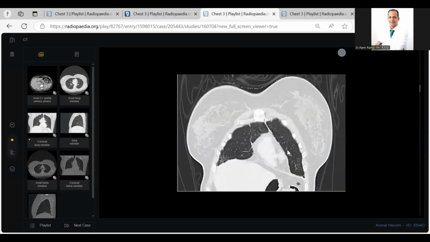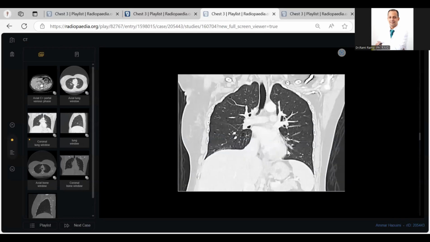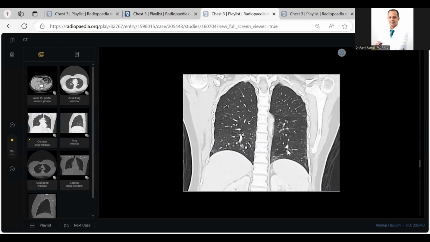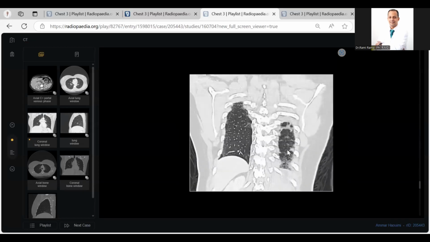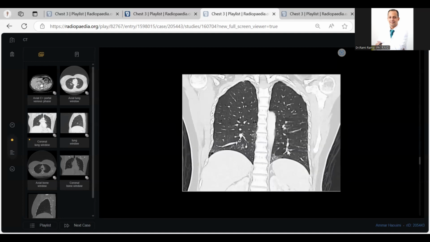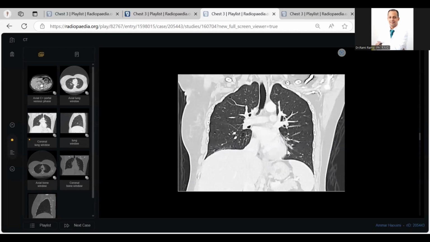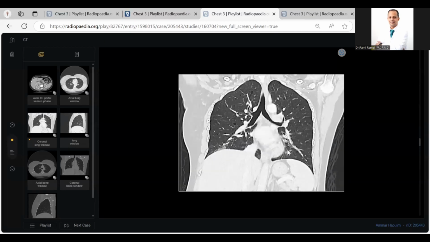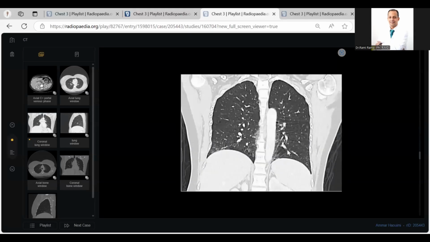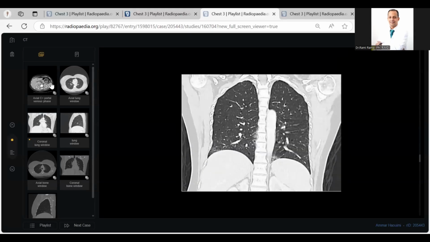There is no pneumomediastinum. Also there is no pleural effusion. My differential diagnosis would be number one lymphangiomatosis. Number two, you should do whatever you want, but most of the examiners concentrate on the first differential diagnosis. I will give you 7.5 at least.